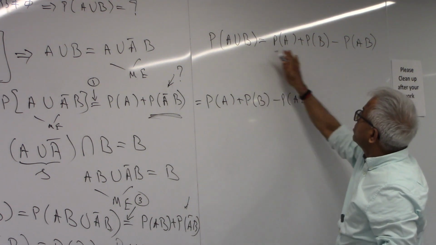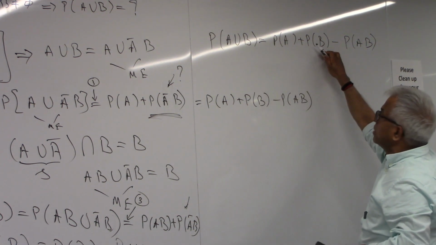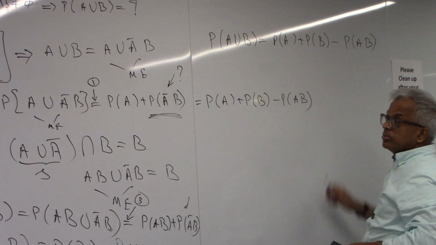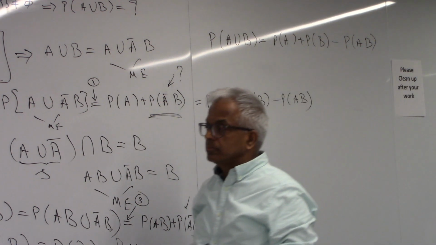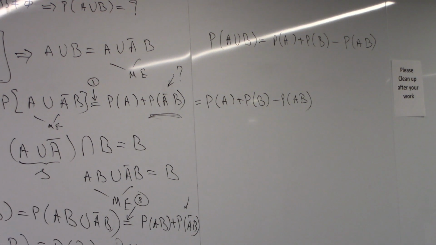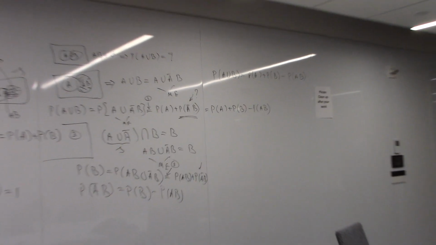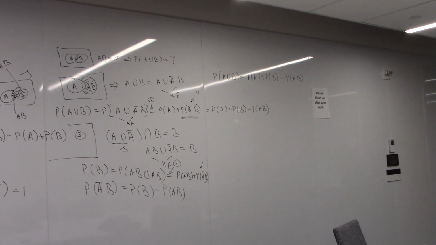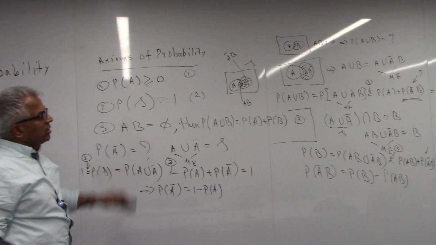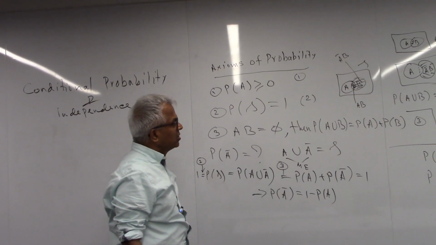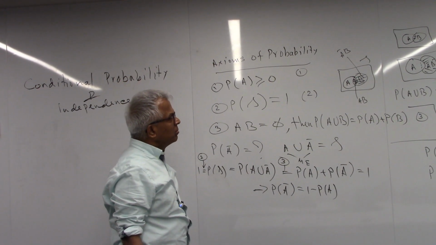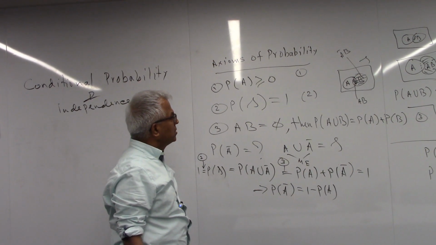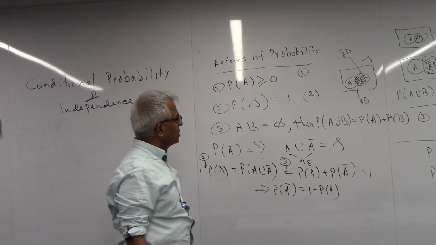So A union B has been simplified in terms of A and B and the probability of A intersection B. The whole idea is to show that we will proceed using the axioms to compute any probabilities that we are interested in.